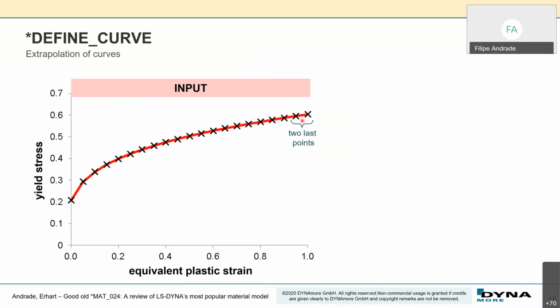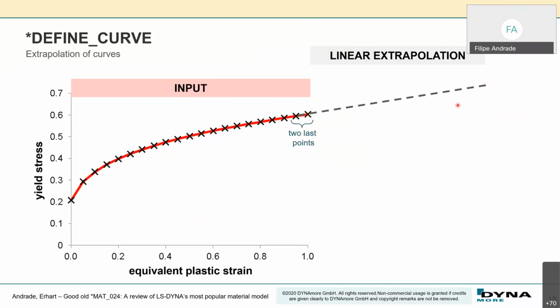It calculates something like the stiffness, the last slope of the curve, and it will take that last slope and linearly extrapolate. So if you need a plastic strain which is 2, it will not keep using that same last value, but it will use the extrapolated value. So this is very important. That's the standard behavior in LS-DYNA.